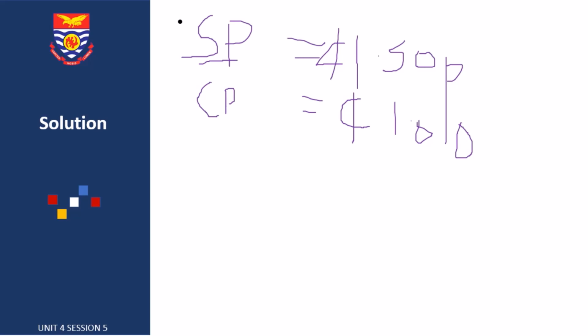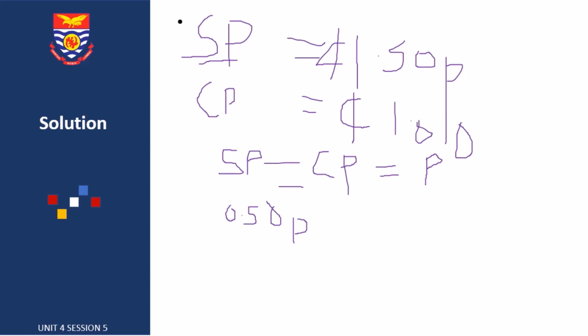To get the profit, it is the selling price minus the cost price. From this formula, our selling price is 1.50 and our cost price is 1 cedi, meaning that 1.50 minus 1 cedi gives us 0.50 pesos.